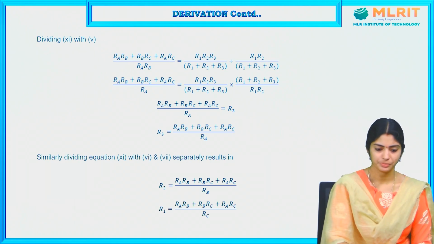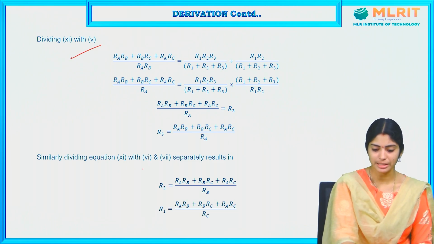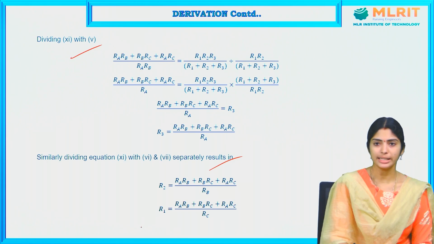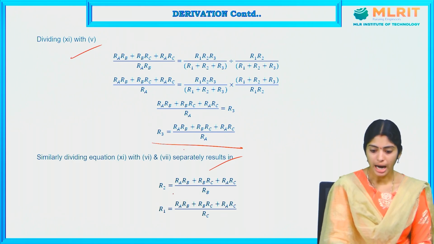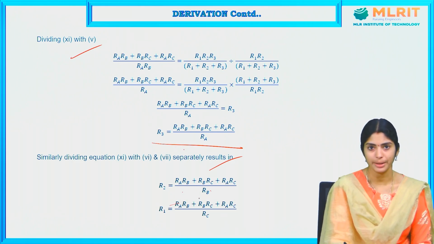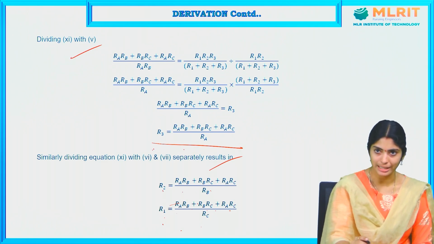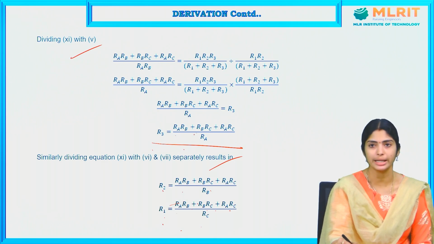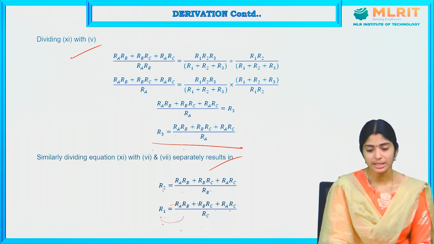So dividing equation 11 by 5, by 6 and by 7 separately, we get R3 is equals to RARB plus RBRC plus RARC by RA, R2 is equals to RARB plus RBRC plus RARC by RB, and R1 is equals to RARB plus RBRC plus RARC by RC. Here everything on the LHS is in terms of R1, R2, R3, and on the RHS we have a relation in terms of RA, RB and RC. That means there is a relation formed between the delta and the star.